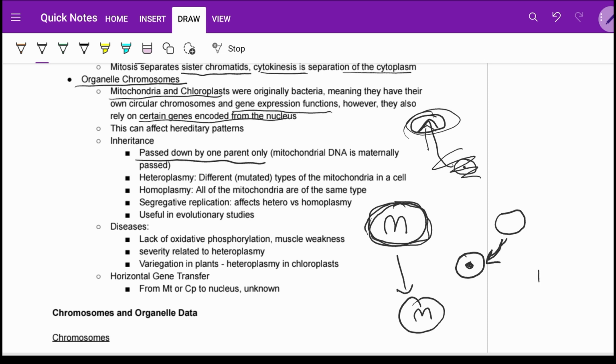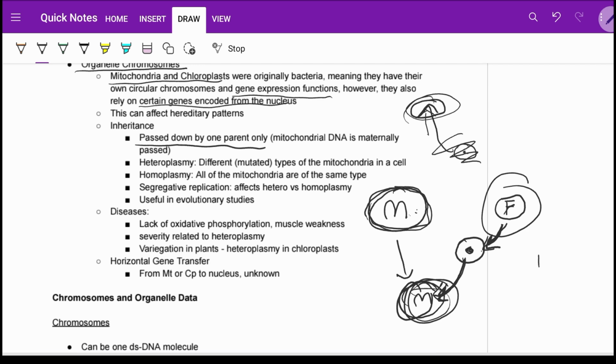But for one reason or another, he's fine, but he passed on a defective gene about the mitochondria here. So this mitochondria relies on this gene. So this one comes down here, and now this mitochondria is not functioning properly, not because of genes from the mom's side, but genes from the dad's side. So that's how certain weird hereditary patterns can happen.